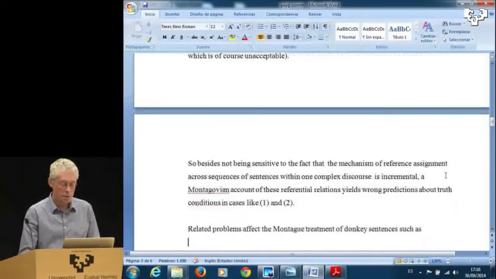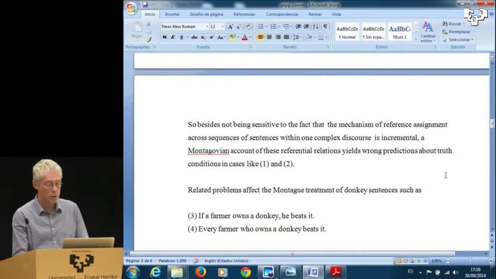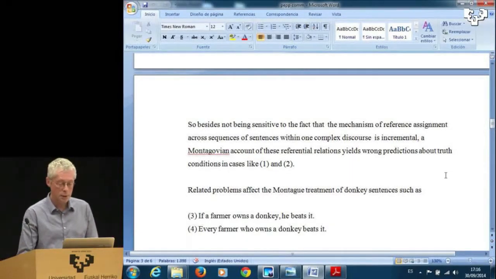So besides not being sensitive to the fact that the mechanism of reference assignment across sequences of sentences within one complex discourse is incremental, a Montagovian account of these referential relations yields wrong predictions about truth conditions in cases like sentences 1 and 2.